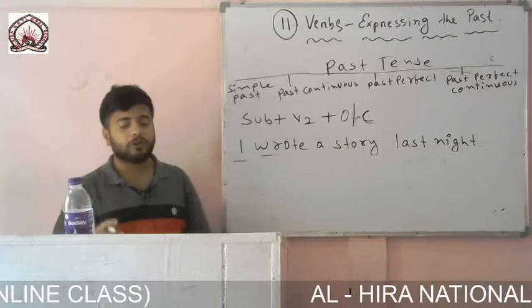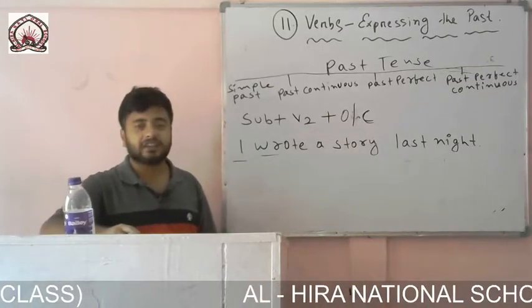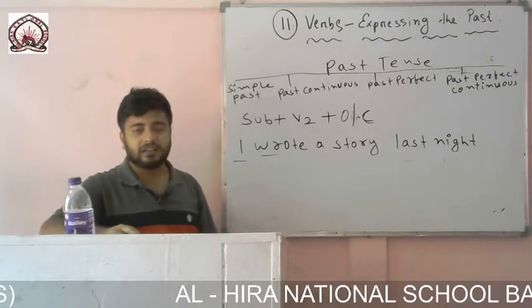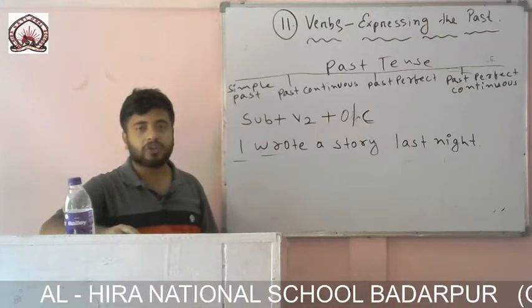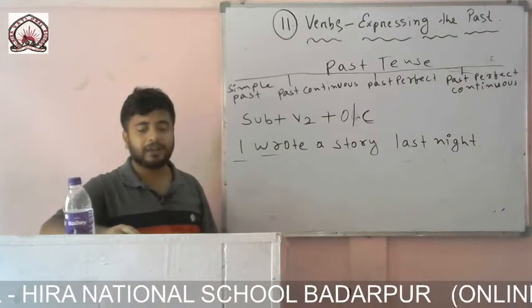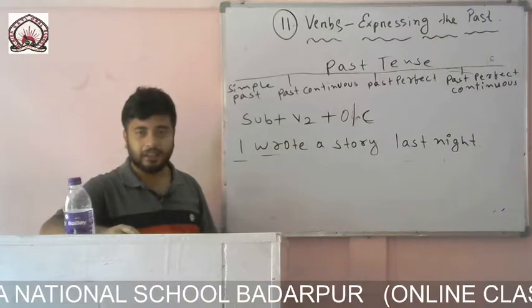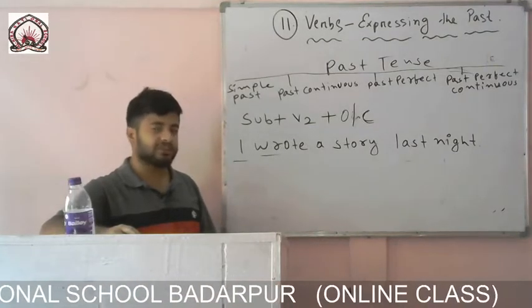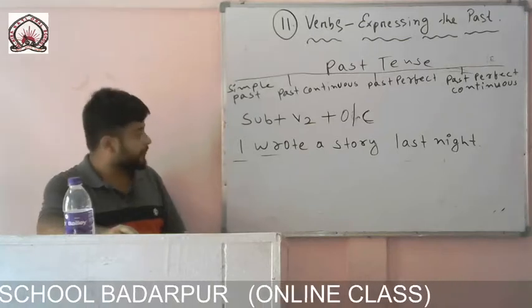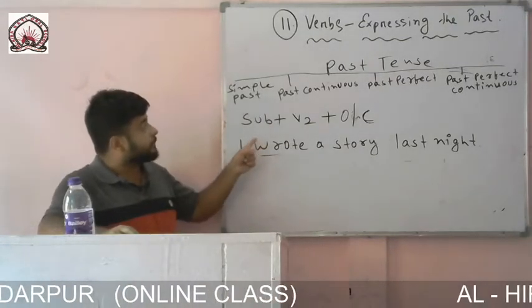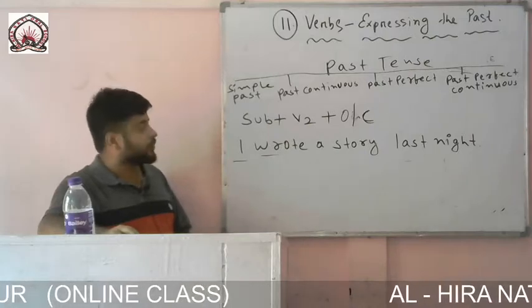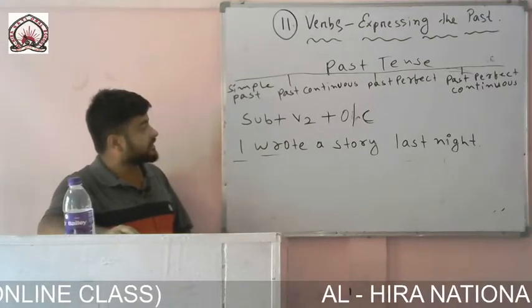Second form of the verb, like sing, sang, sung; tell, told; write, wrote, written; play, played; sleep, slept, like this. In simple past, we have to write the second form of the verb.